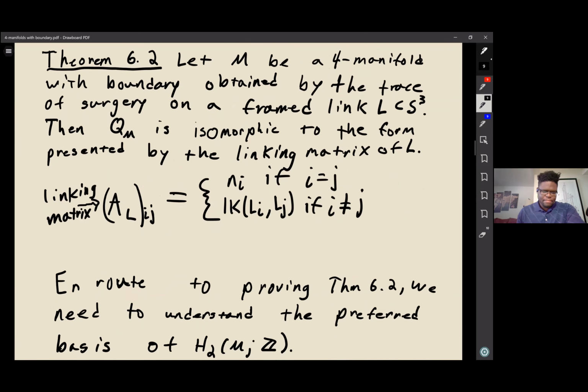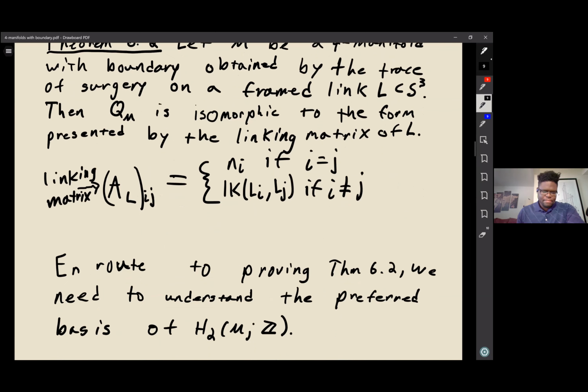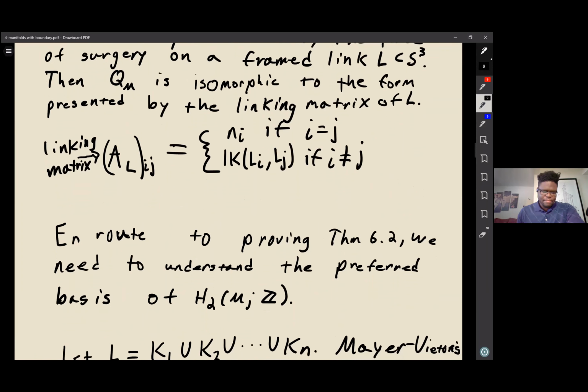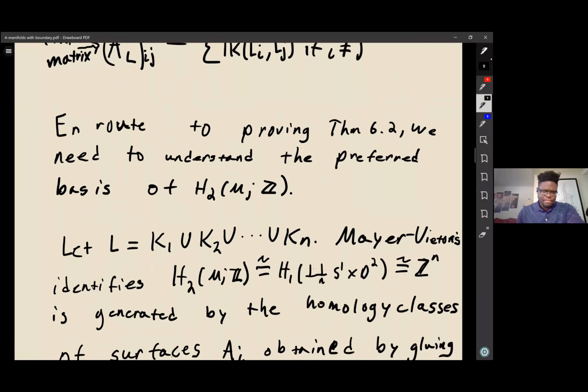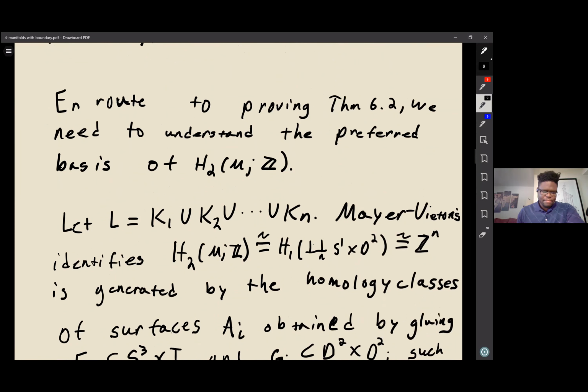And this is something that's eminently computable from a framed link. So in order to prove this theorem, we need to understand the preferred basis of the second homology of this four-manifold that'll allow us to see this equivalence with the linking matrix.